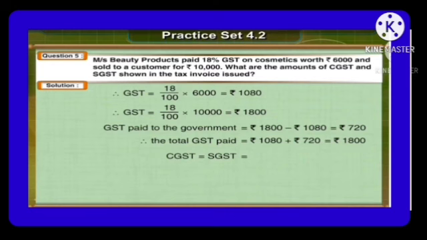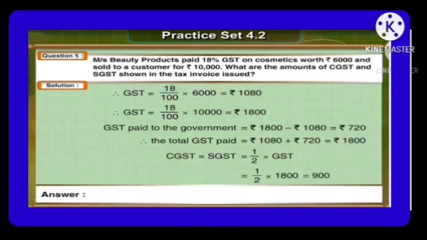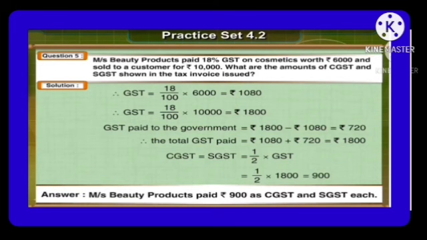Now CGST is the half of GST. Half of GST, which is 1,800, is equal to rupees 900. Answer: Beauty products paid rupees 900 as CGST and SGST each.